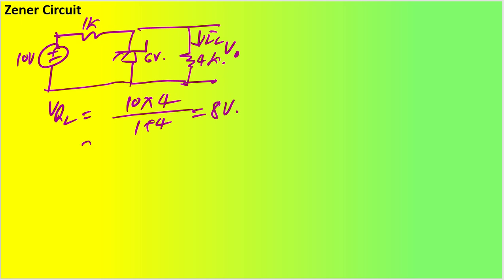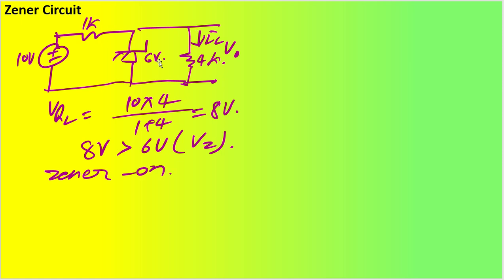Can you tell me if my 8 volt is greater than VZ, that is your 6 volt? So it means definitely Zener is on. Zener is on. It means what will happen? This guy will clamp the output voltage to the Zener voltage. It means my V output will be equal to VZ, that is going to be 6 volt.